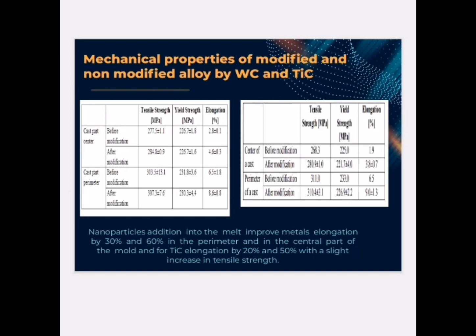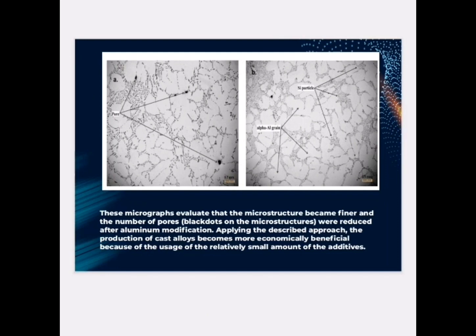In the case of WC, the elongation has increased by 30% in the perimeter and by 60% in the center, whereas in the case of TiC, the elongation has increased by 20% in the perimeter and by 50% in the center, with a slight increase in the tensile strength. These micrographs show us the images of aluminum silicon alloy before modification A and after modification B.